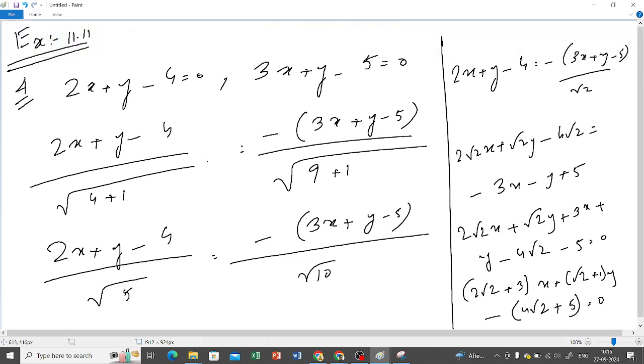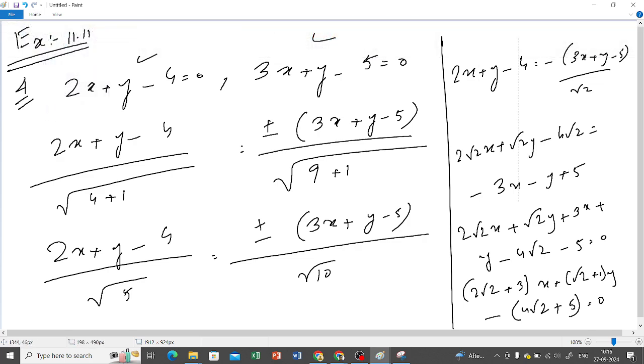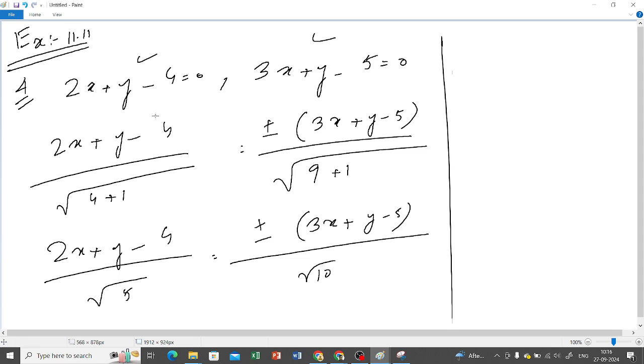দেখো, so bisector of obtuse angle, I mean bisector of any angle between these two lines will be what? Plus minus, right? So we have this equation, 2x plus y minus 4 divided by root 5 plus this.